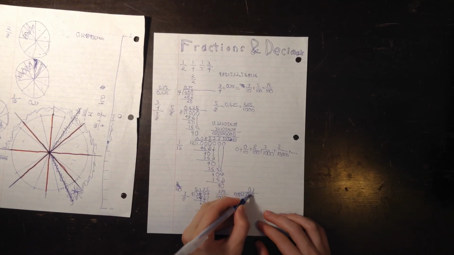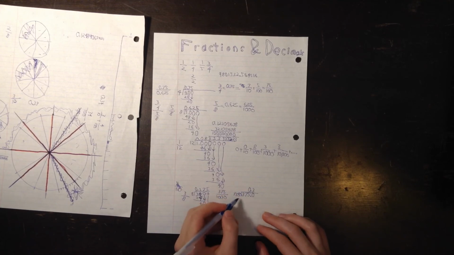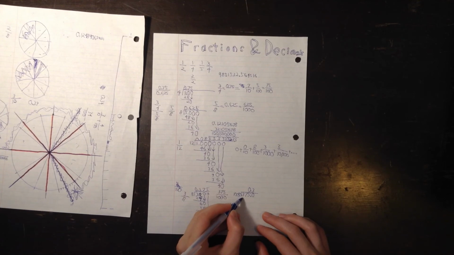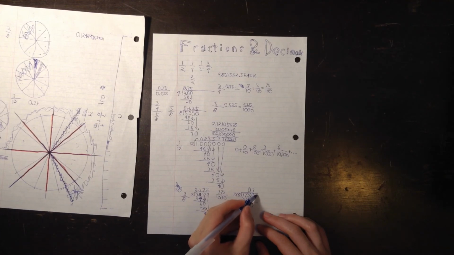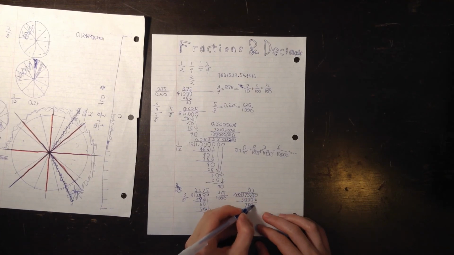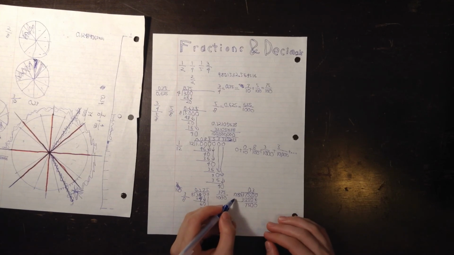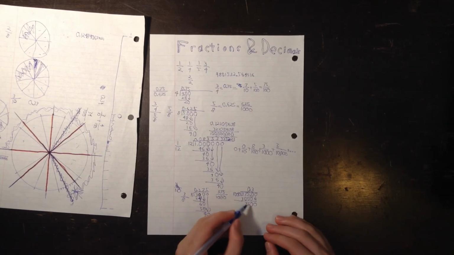Let's put our decimal place in the right place. 3 times 1,000 is 3,000. And when we subtract it, we're left with 750. And so let's bring down a 0. 7,500. 1,000 goes into 7,500.